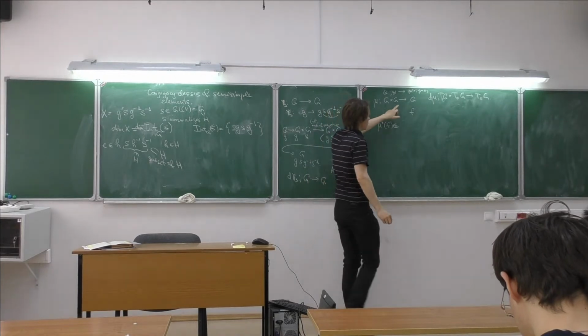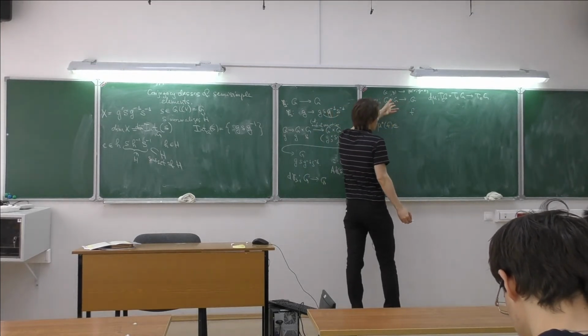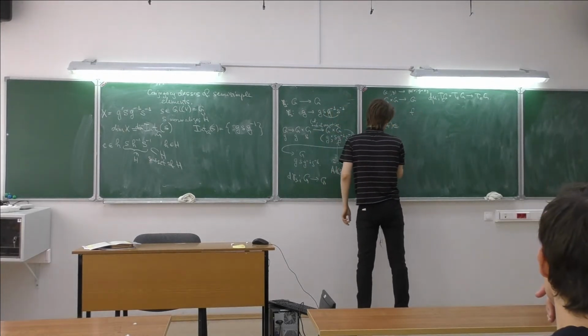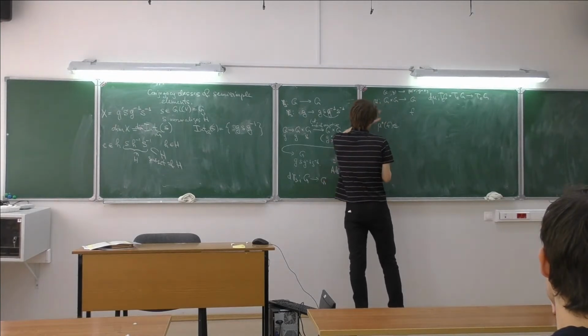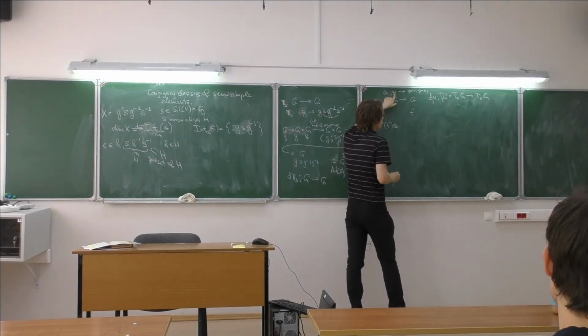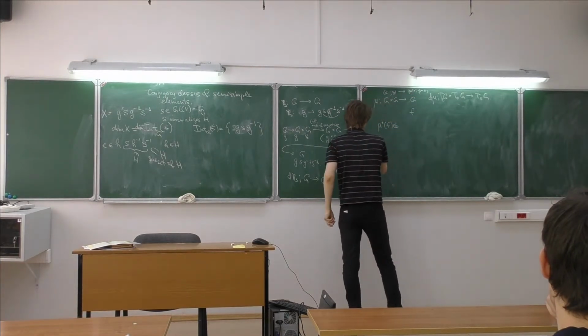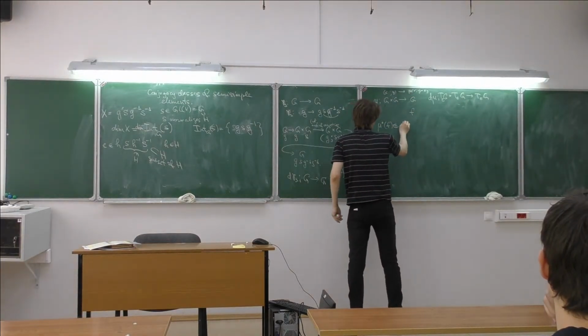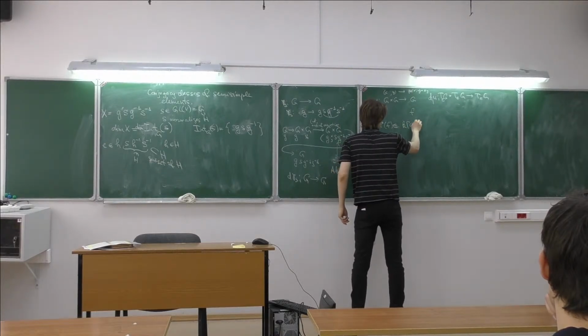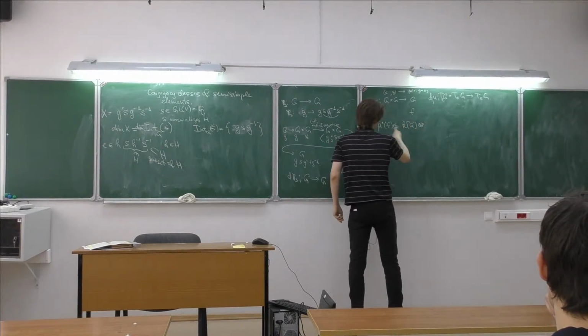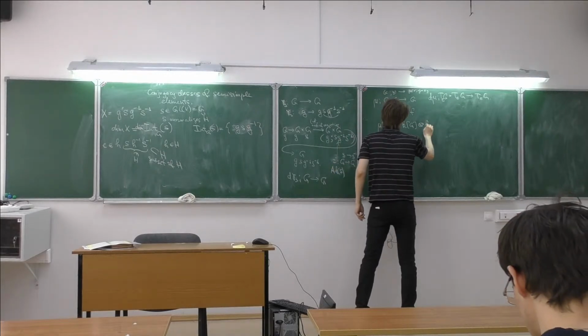So what is the pullback? It is just saying the following: you have to take x and y, and substitute the image of mu into f. So this is an element of the tensor product.